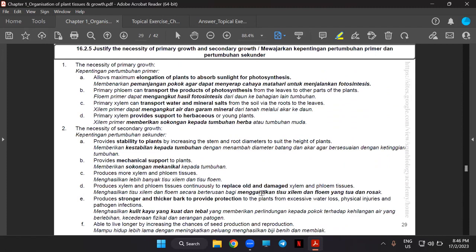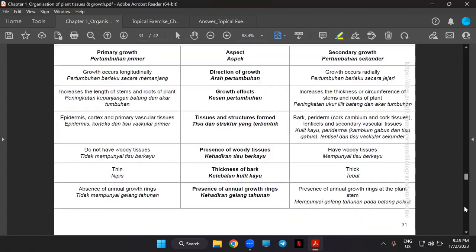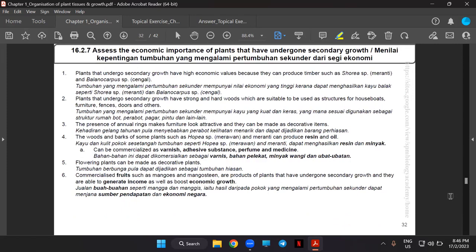Yang ni kalau kita lihat di muka surat 29, kita ada necessity of secondary growth. Tapi yang ni untuk tumbuhan, bukan manusia. Don't go and take from here. Tak boleh. Ini kepentingan untuk tumbuhan tersebut. Kepentingan untuk manusia, muka surat 32. So, for example, contohnya apa dia?